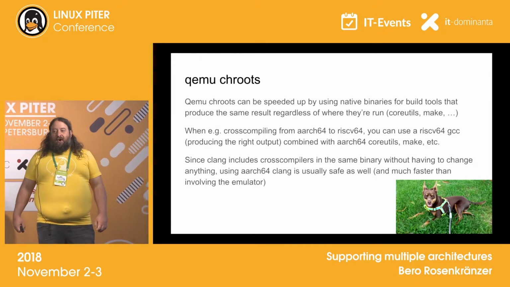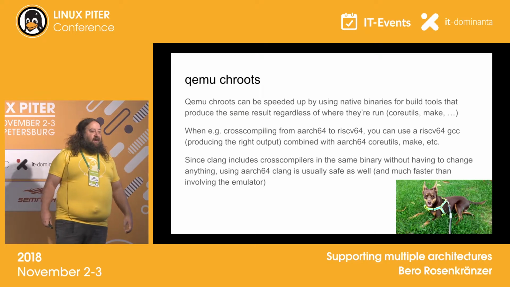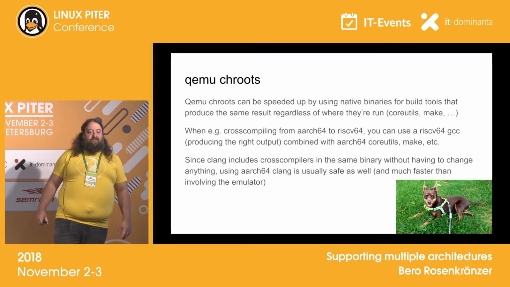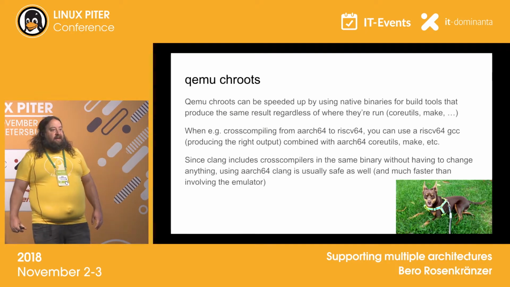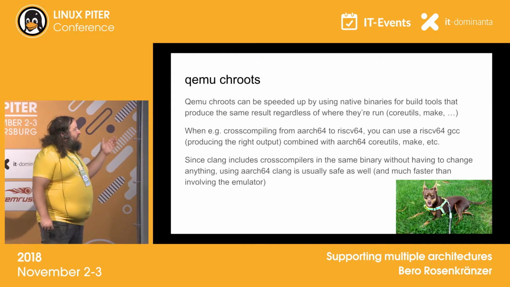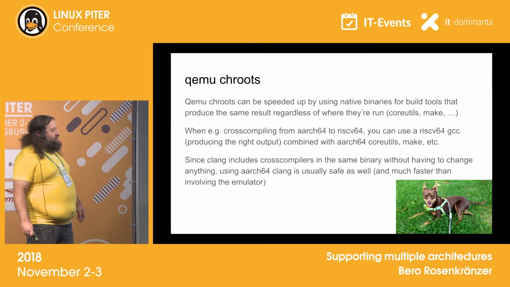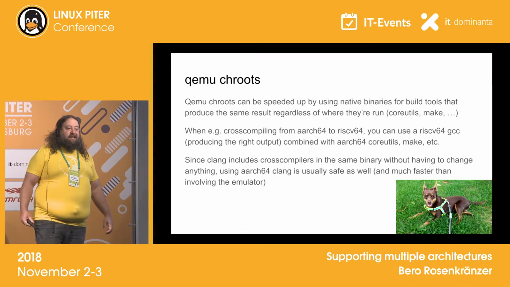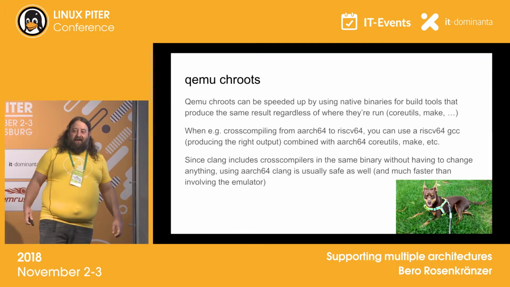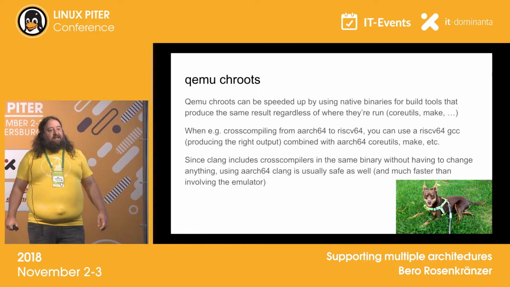One way to optimize this is when you have a chroot environment that's run through QEMU, you can actually replace some binaries in the chroot environment that aren't target specific with binaries for your host architecture.